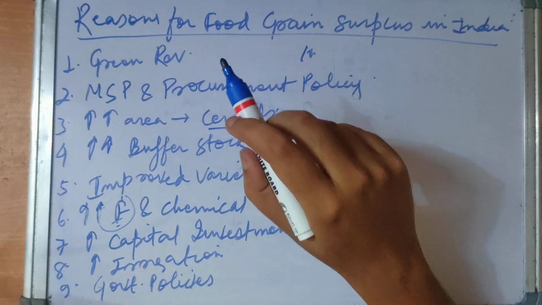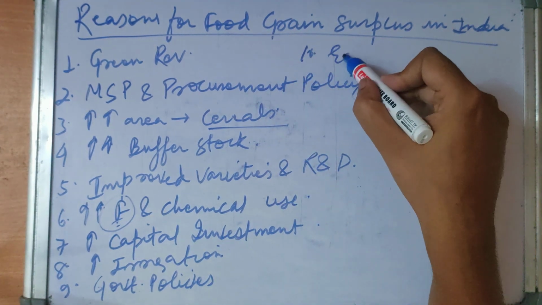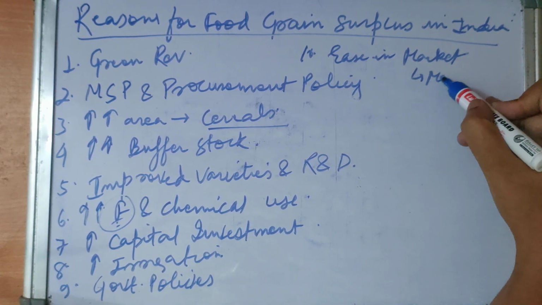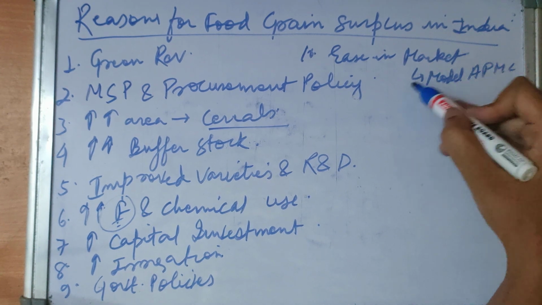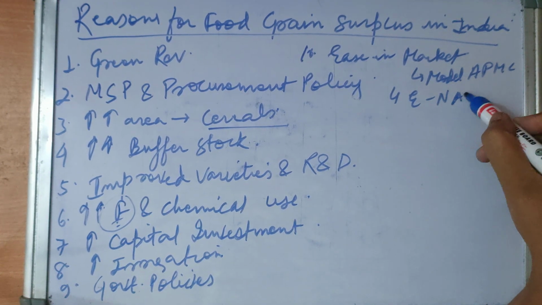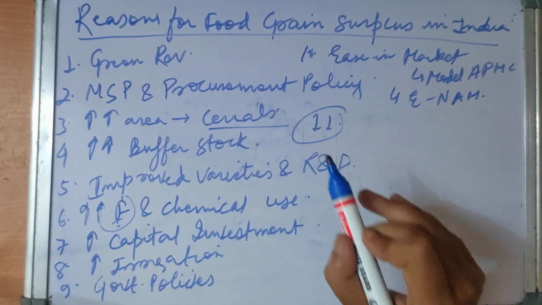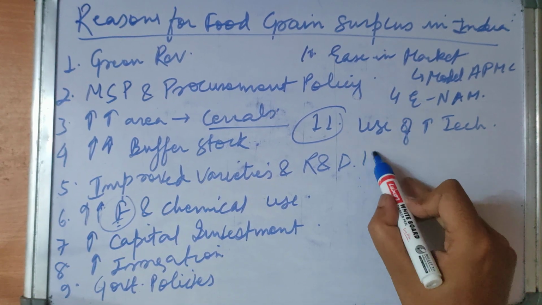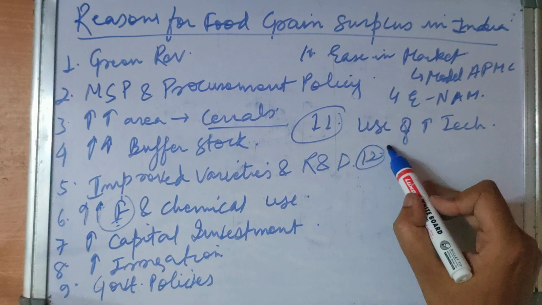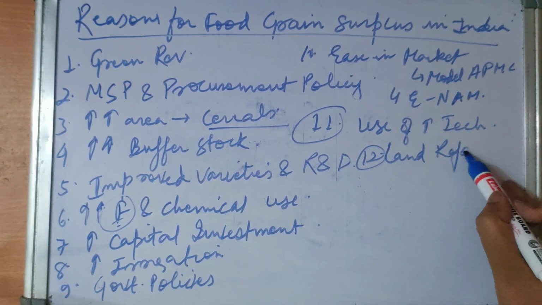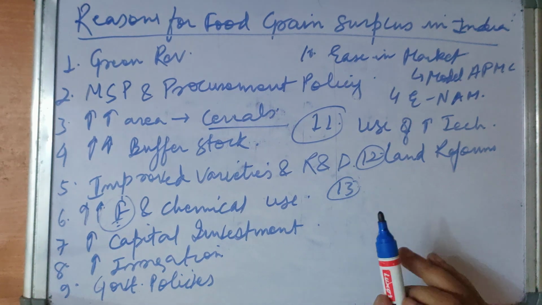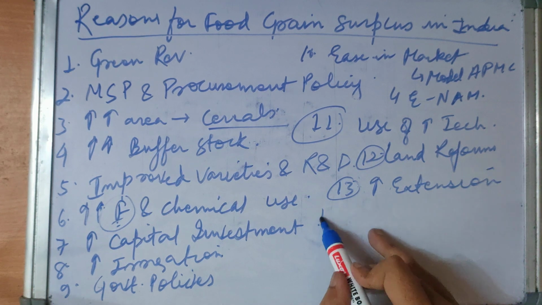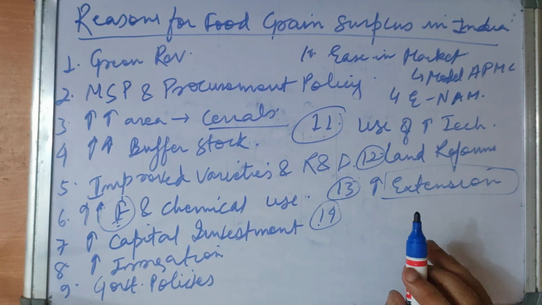Number 10, ease in marketing, such as model APMC and eNAM, that is the Electronic National Agriculture Market. Number 11, use of high technology. Number 12, land reforms helped a lot. Improved extension services helped the farmer very much.